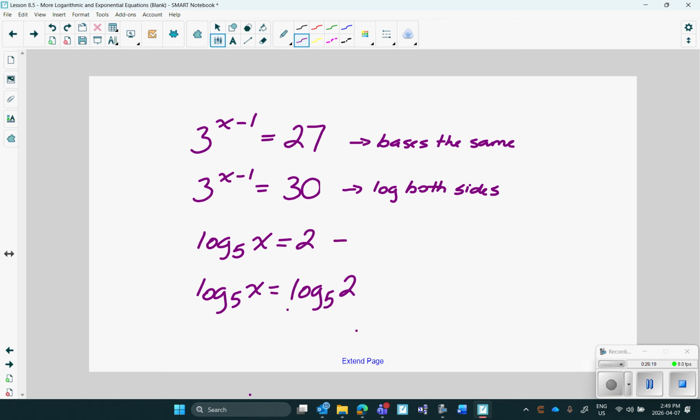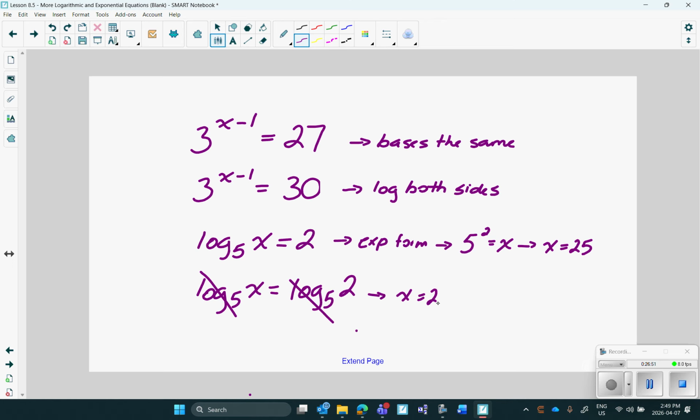That's when you've got to go to exponential form. So you go 5 to the 2 is equal to x, and then solve from there. x is 25. Okay, that's the only way you can solve those ones. When there's a log on both sides, very similar to this, as long as the bases are the same, I can cross out the bases, and x equals 2.